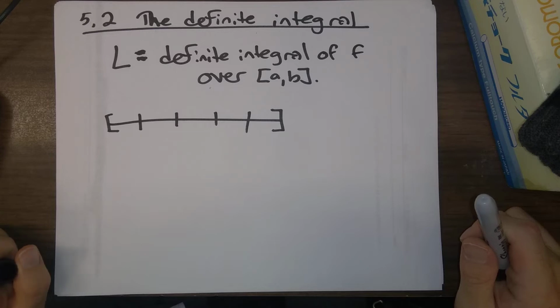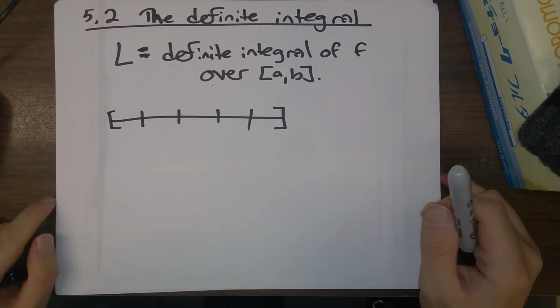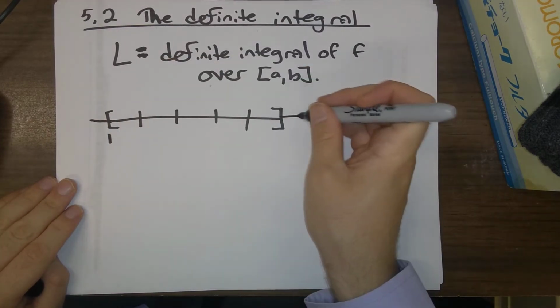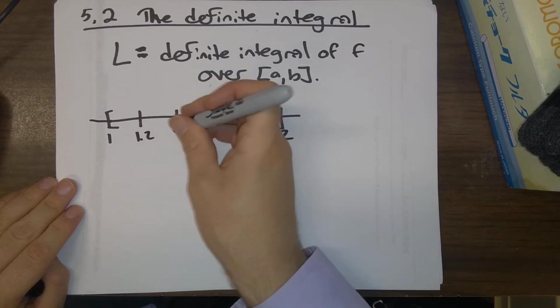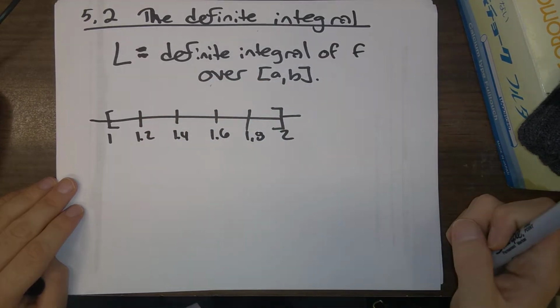In this case, I've chopped it up into 5 intervals, and it's intended that these are all equally spaced apart. So this is x equals 1, and this is x equals 2, with 1.2, 1.4, 1.6, 1.8, and 2.